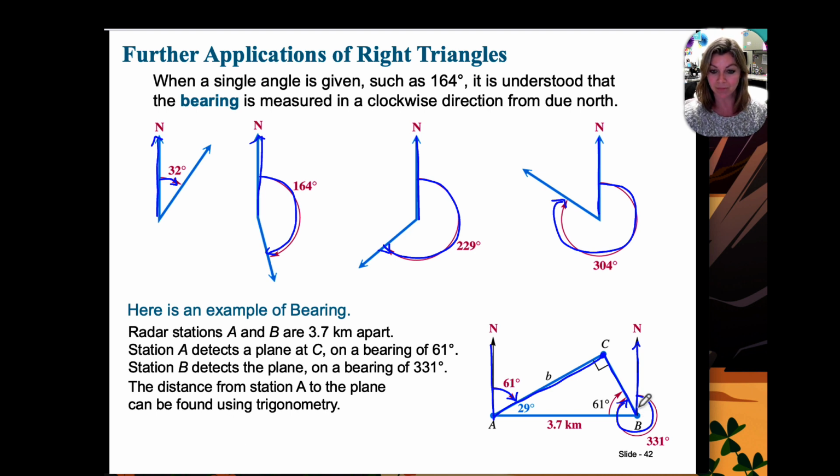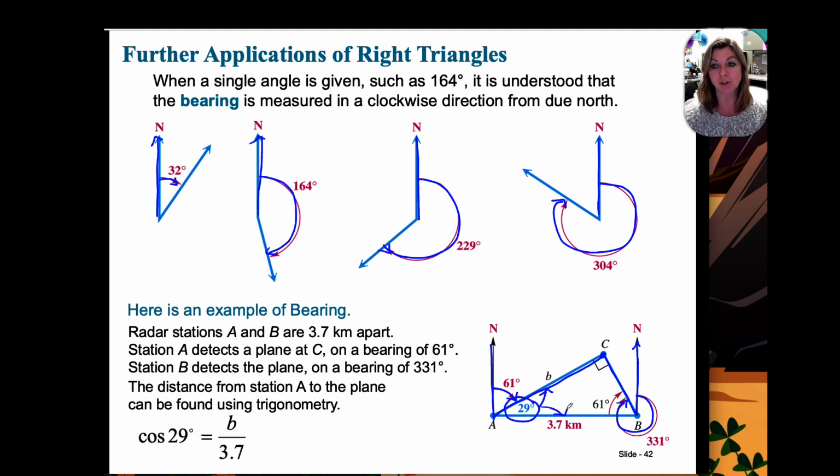So we're going to pick an interior angle. I'm going with the 29 degrees. I'm going to use cosine because cosine of 29 degrees will be equal to lowercase b, which is what we're being asked to find, the distance from station A to the plane, over the hypotenuse of the right triangle.